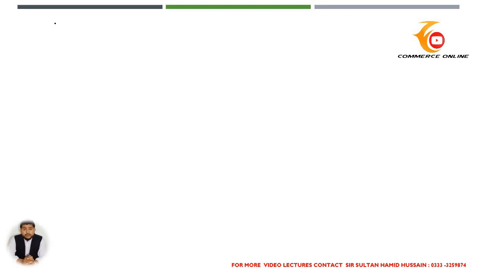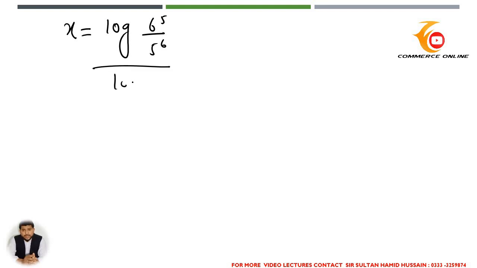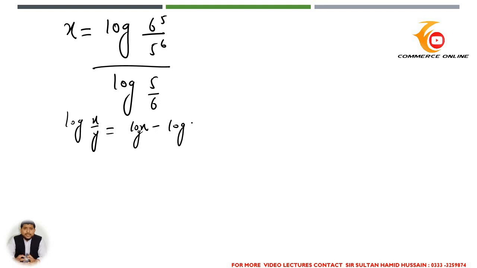So here we will have x equals log of 6^5 over 5^6 divided by log 5/6. Now as we know that log of x/y is equal to log x minus log y.